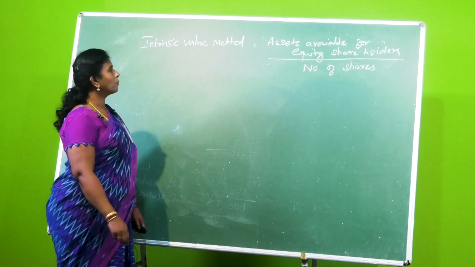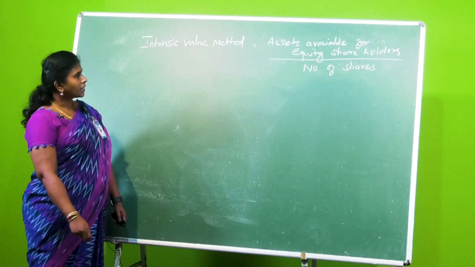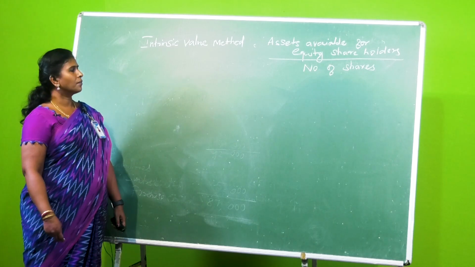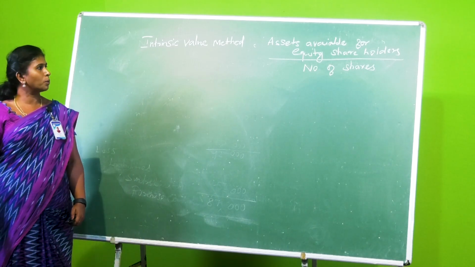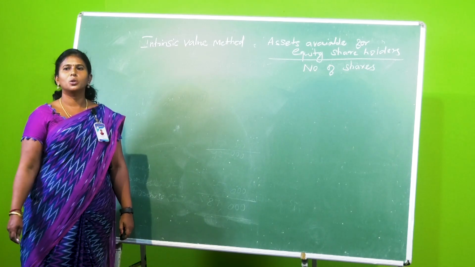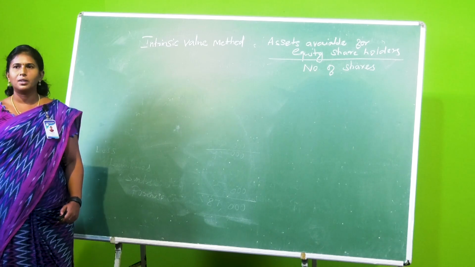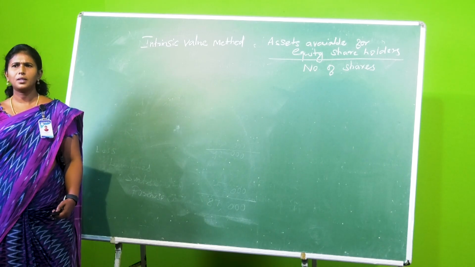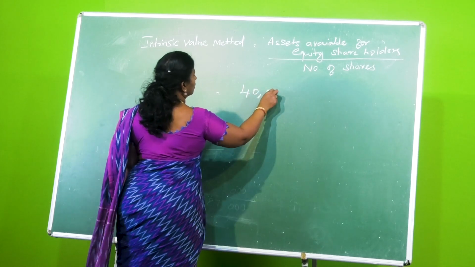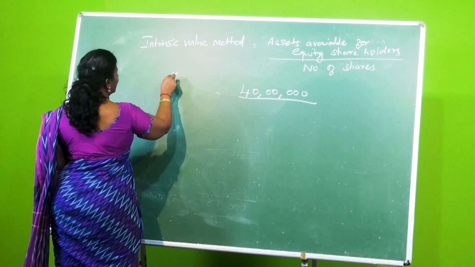This is the formula to be used in the intrinsic value method. So what are the assets available for equity shareholders? They are already given in the problem, so we need not find them out. In this problem, the assets available for equity shareholders are 40 lakhs. 40 lakhs, to be calculated for X Limited.